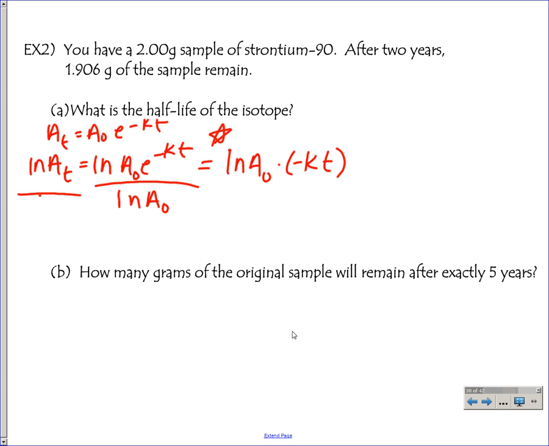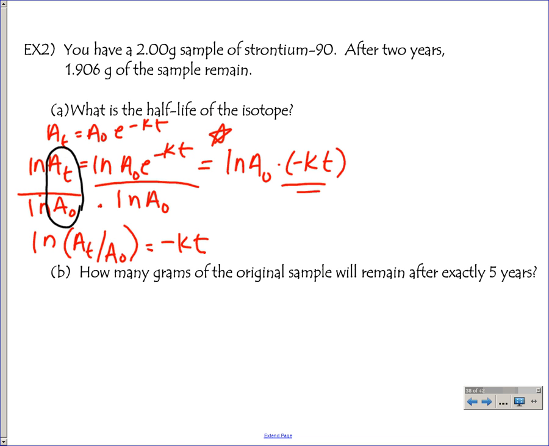Over here, I'm dividing by ln of A naught on both sides, and I can combine these two A values in order to get ln as one function. Ln of A at t divided by A naught is equal to the variables that were left over here, which is negative kt.